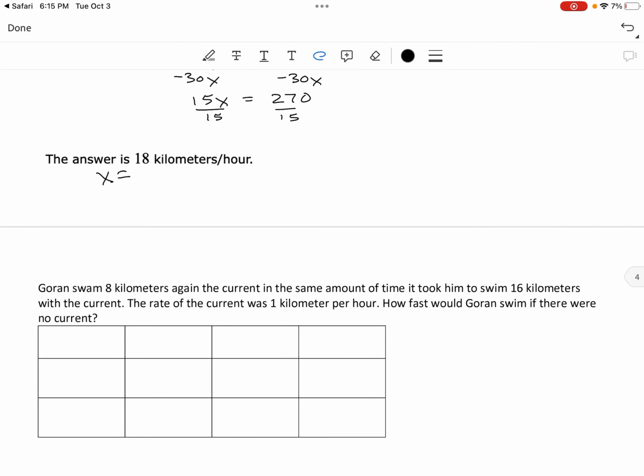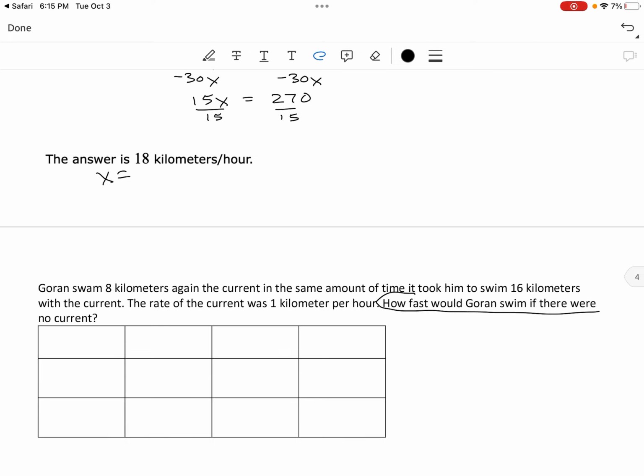Let me do another one. It says Goran swam 8 kilometers against the current in the same amount of time it took him to swim 16 kilometers with the current. The rate of the current was 1 kilometer per hour. How fast would Goran swim if there were no current?